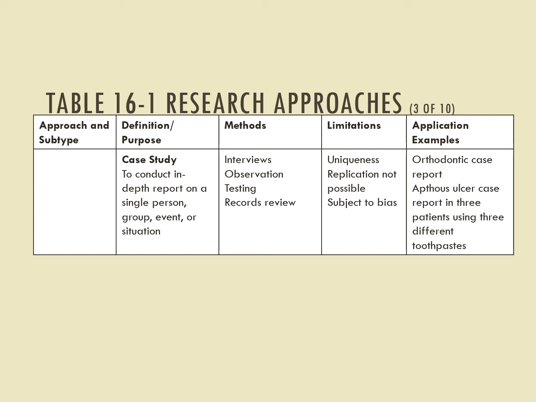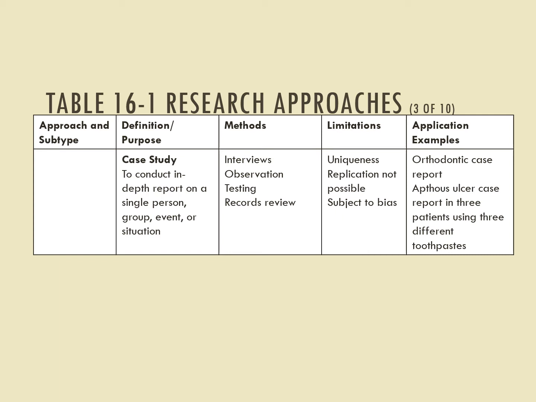One, because it wasn't random. You didn't choose that person at random. They had the condition. You had to choose them. But then also because you knew the whole time that they had the condition, so you might have associated some of their symptoms with the condition when maybe it didn't have anything to do with that condition. So there's a lot of bias there.